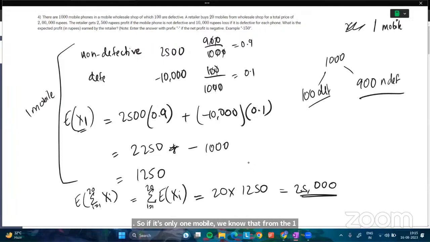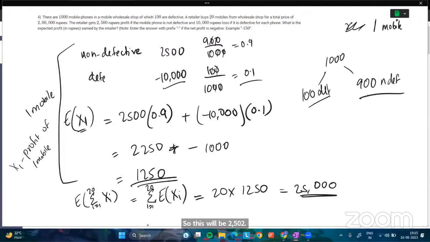So we'll just find the probability as 900 by 1,000 for non-defective and 100 by 1,000 for defective. And we can find the expected value of x1, right? x1 is the profit of one mobile. So this will be 2,500 into 0.9 plus minus 10,000 into 0.1. And we'll get that as 1,250.